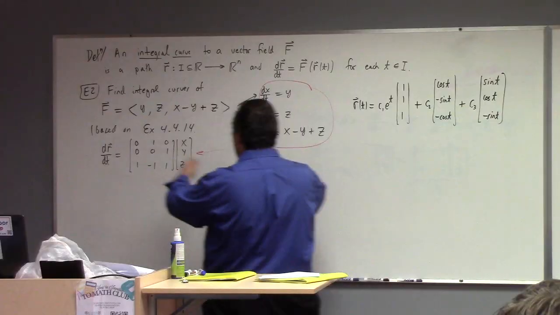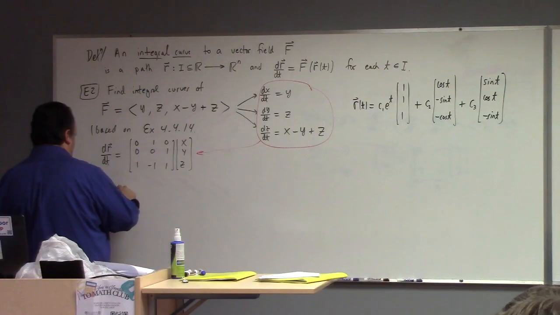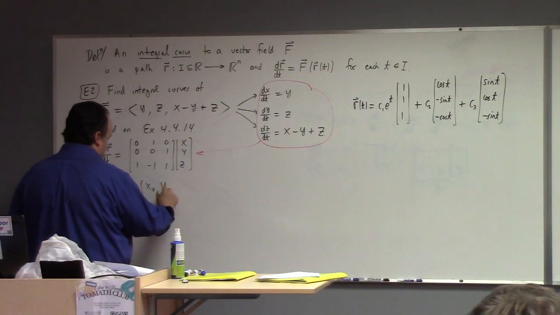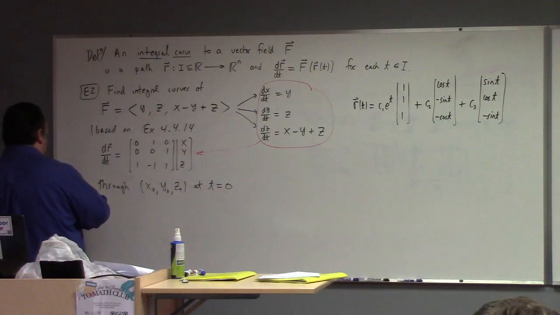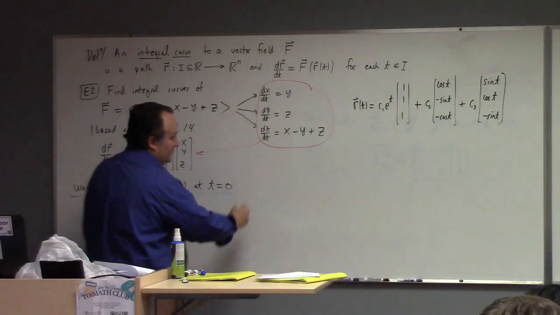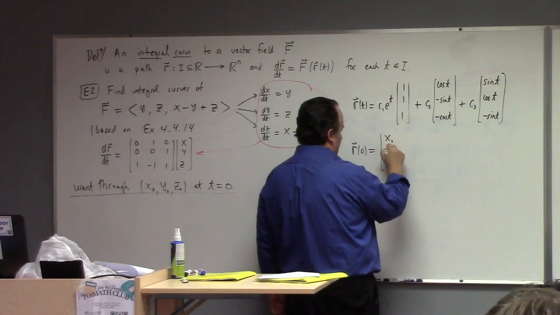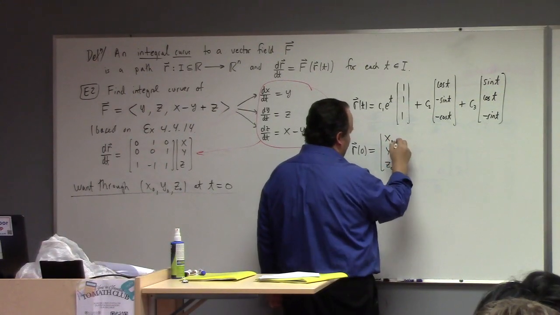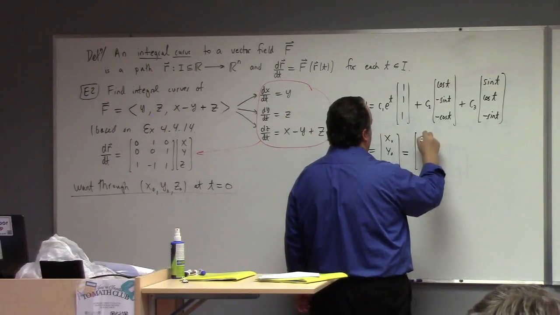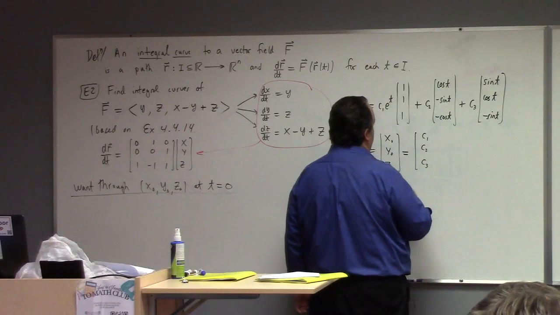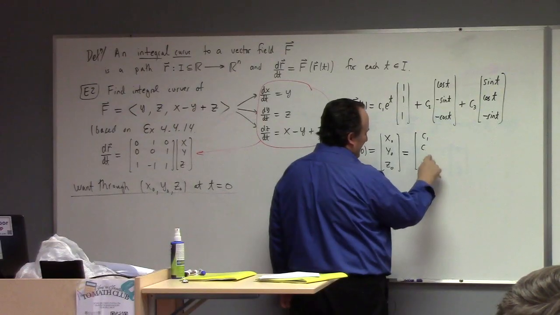But I wanted this to go through the point x naught, y naught, z naught, at time 0. So we plug in time 0, and that gives us x naught, y naught, z naught equal to C1, C1, C1, right?